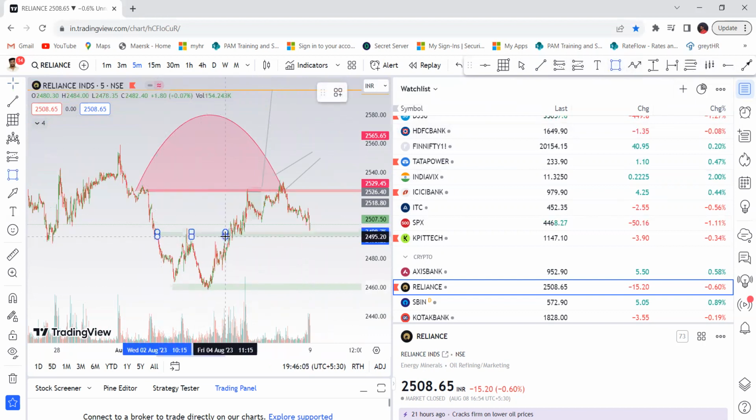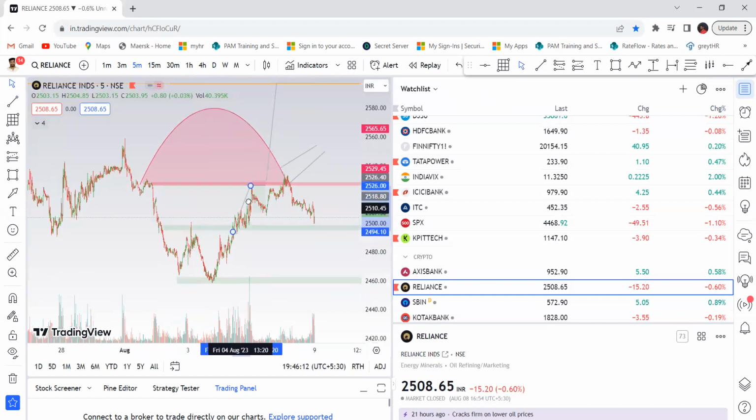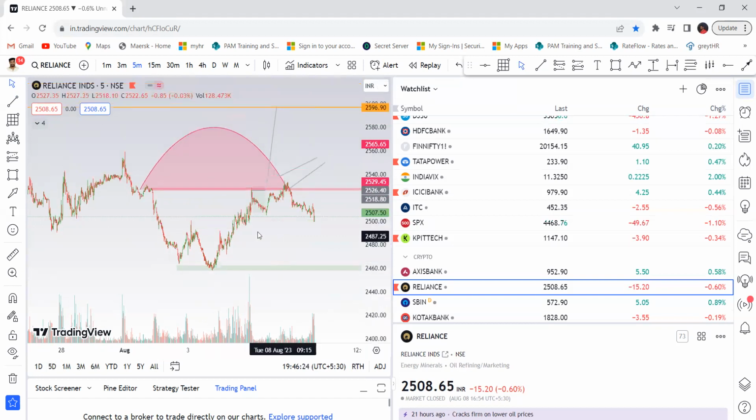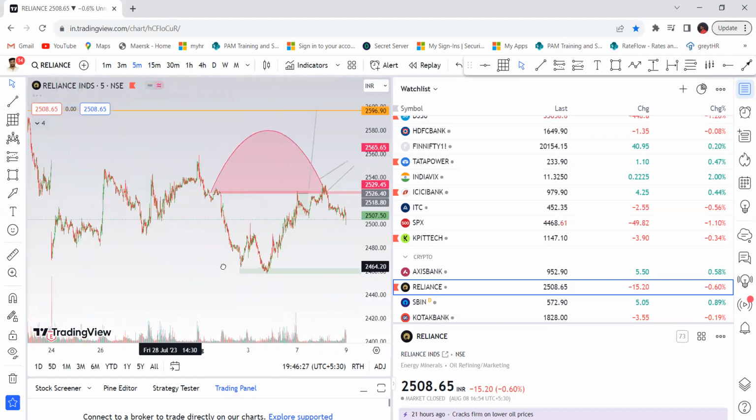It has broken this, and the target for this, see, it has reached the double bottom target. Now we are seeing it as a cup and handle or rounding pattern, so the target is much more. See, that's how we view the pattern.